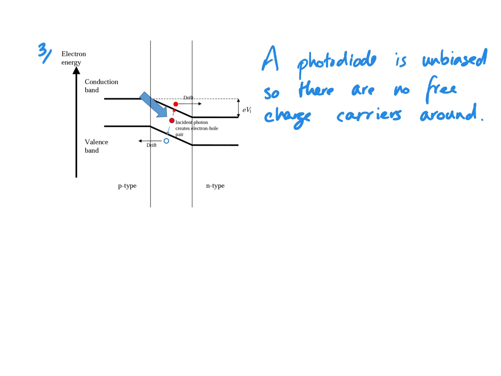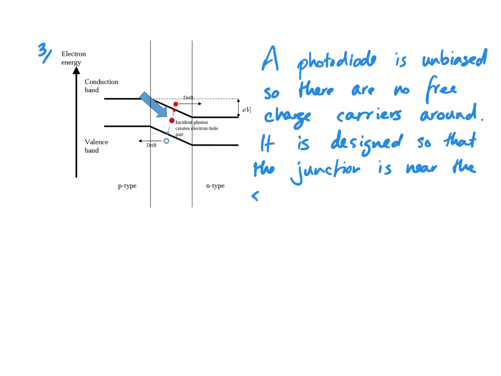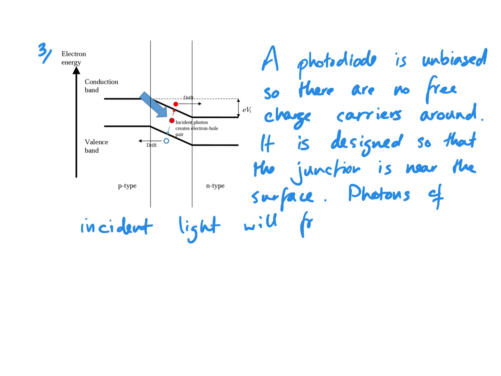And if we design it in the same way, similar to an LED, so that the junction is near the surface, then photons of incident light will free electrons, creating electron-hole pairs.